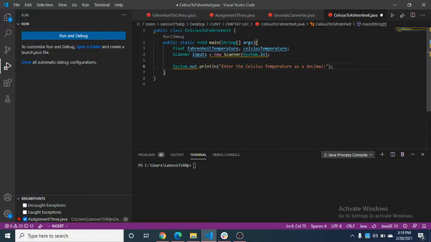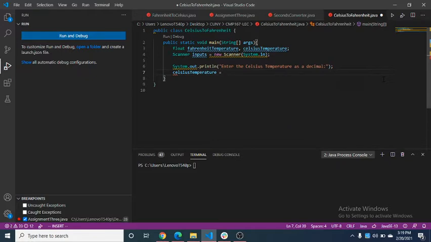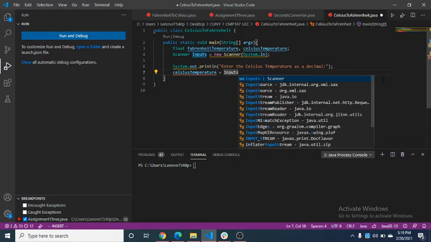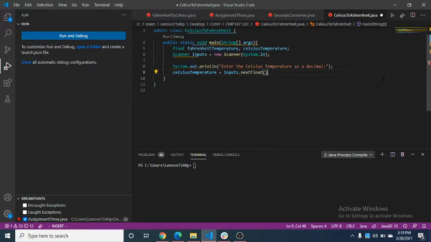Okay. So I'm going to do inputs. Sorry, I'm collecting the Celsius temperature. So Celsius temperature is equal to inputs.nextFloat, right? That gets a float for me.